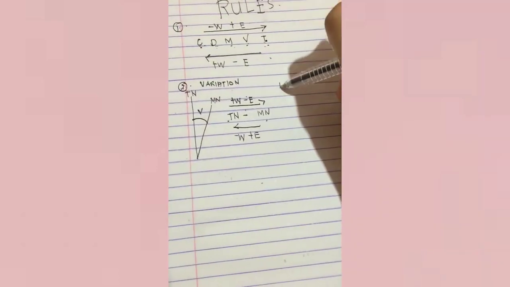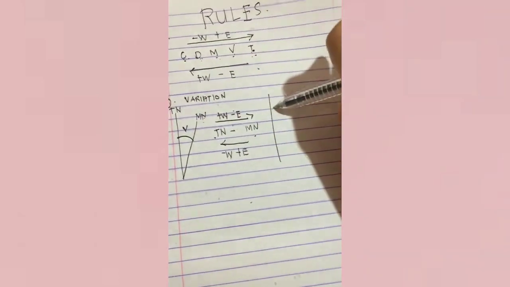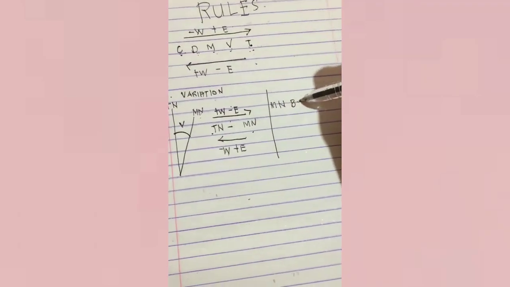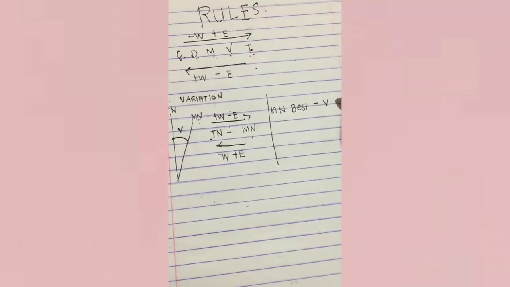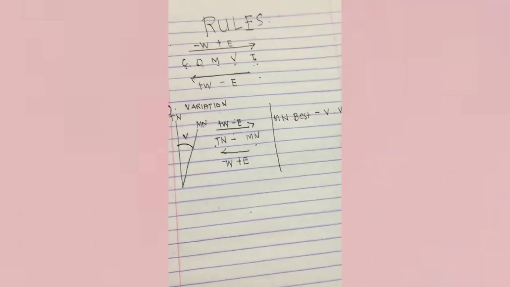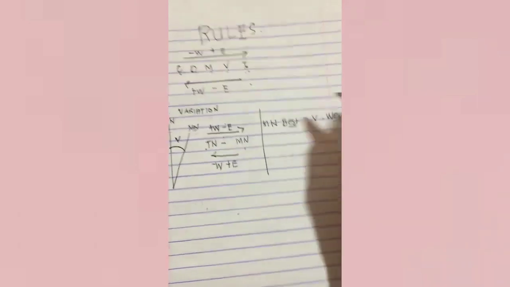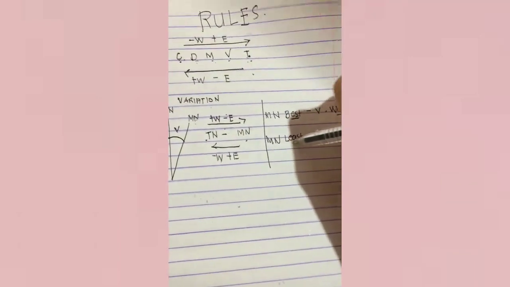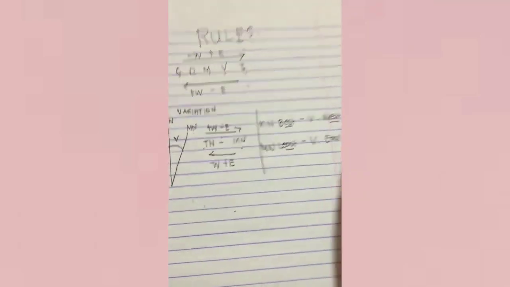The second rule that we should remember in calculating the variation, when the magnetic north is best, the variation is west. Okay, and then when the magnetic north is least, the variation is east.